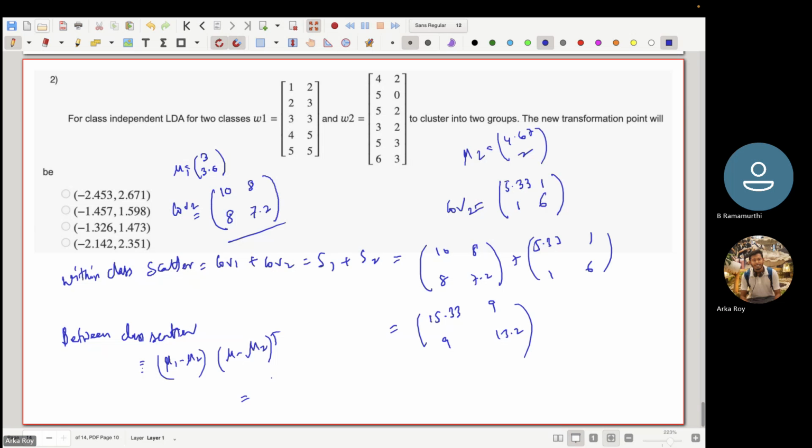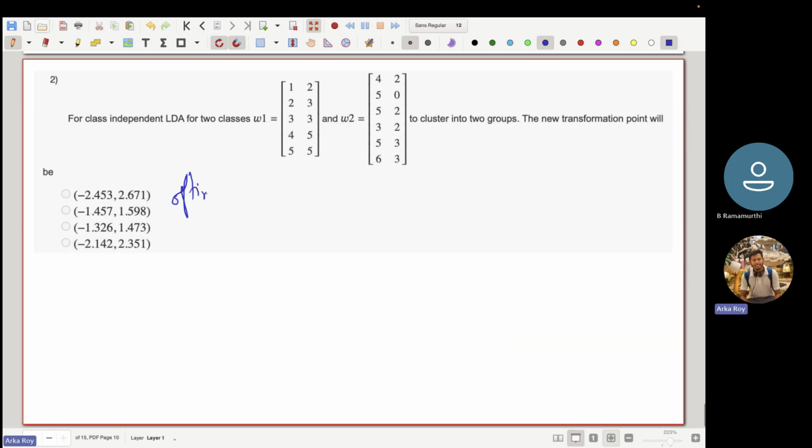So 3 minus 4.67, 3.6 minus 2. So this is actually minus 1.67, 1.6, minus 1.67, 1.6. So you can do the multiplication and get the square matrix. It's a 2 cross 2 matrix.